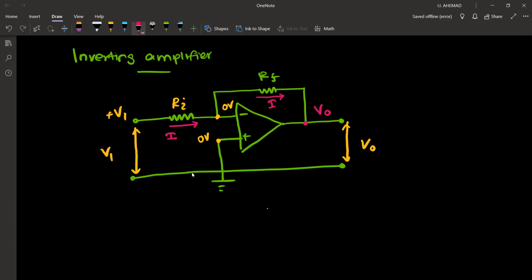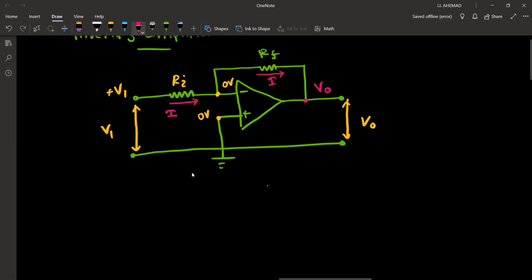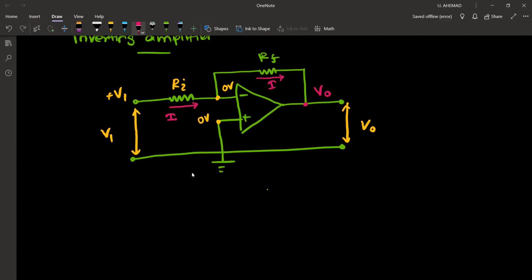Okay, now to find the amplification, I have to get a relationship between V0 and Vin. Using this current relationship, I must be able to get an equation.